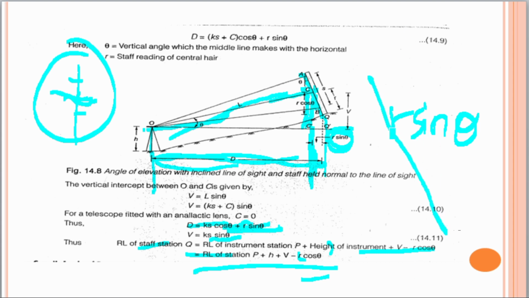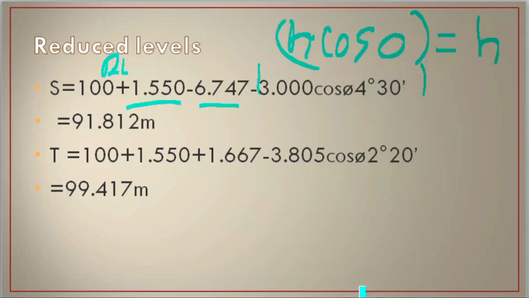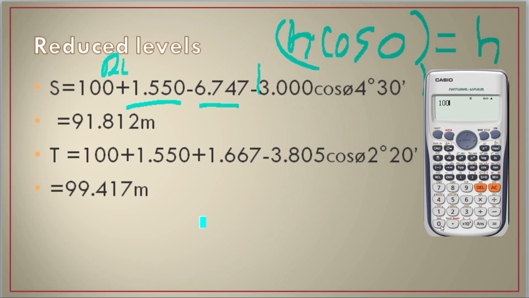So that means in order for us to get the right data, we need to find this distance here, and that's where our R cos theta comes in. So that is the distance that is replacing the R found on the staff that was held normal to the line of sight. Remember, that is an important thing that you need to remember. So that's where we are replacing that.